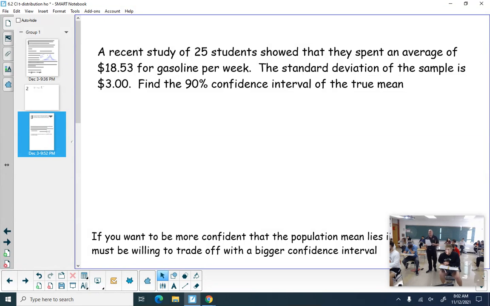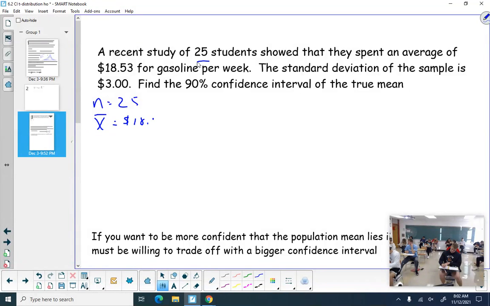A recent study of 25 students showed that they spent an average of $18.53 for gasoline per week. The standard deviation of the sample is $3. Find the 90% confidence interval for the true mean. So what we have here: sample size 25, their mean $18.53, and their standard deviation is $3.